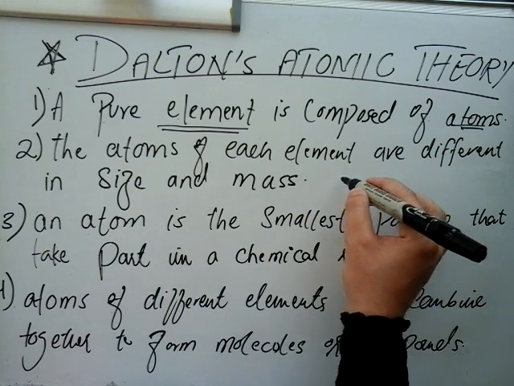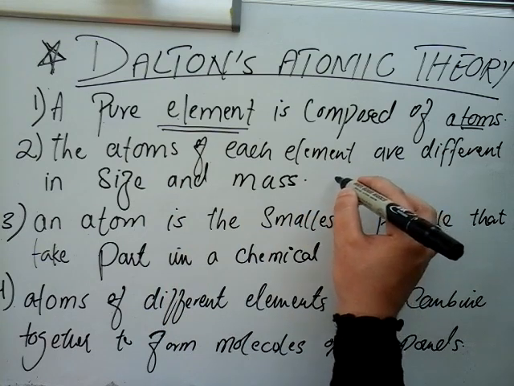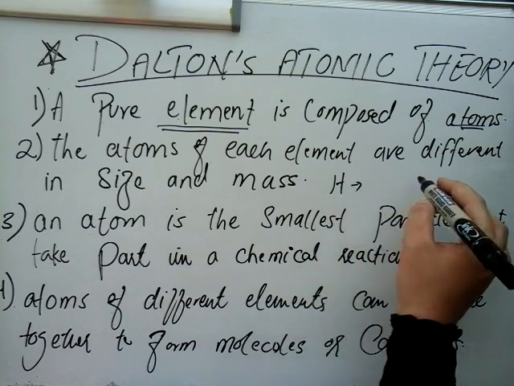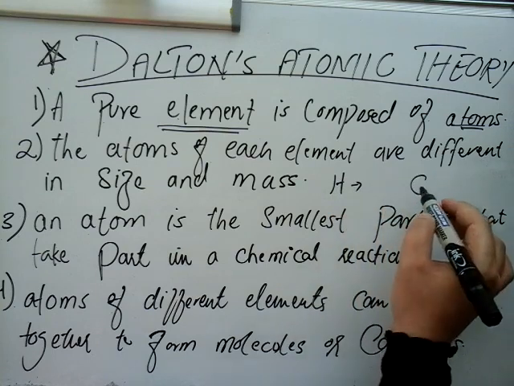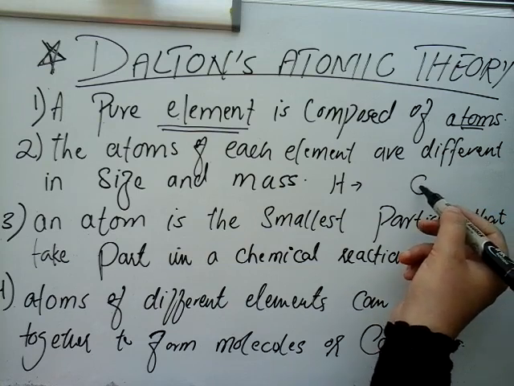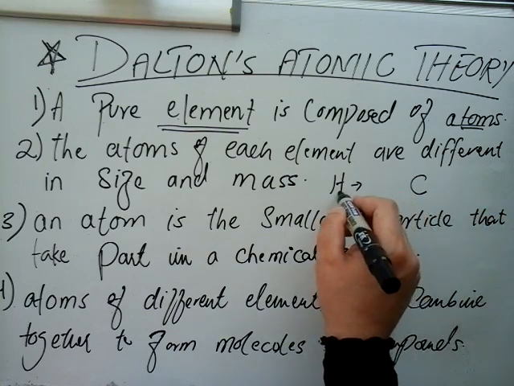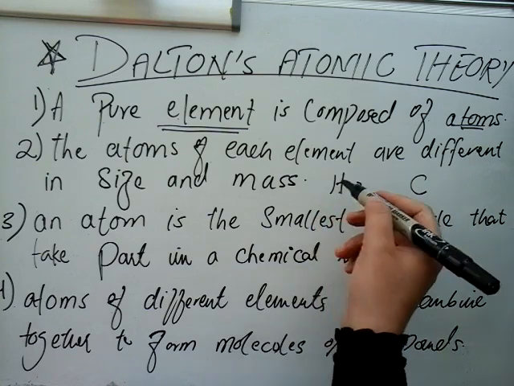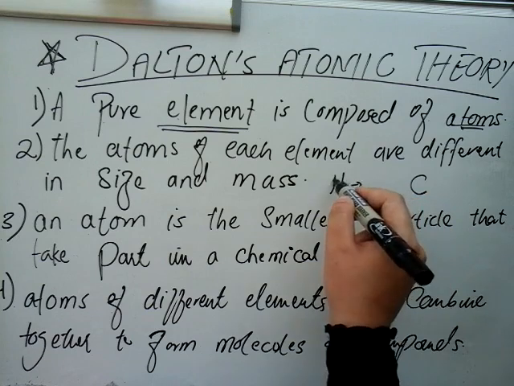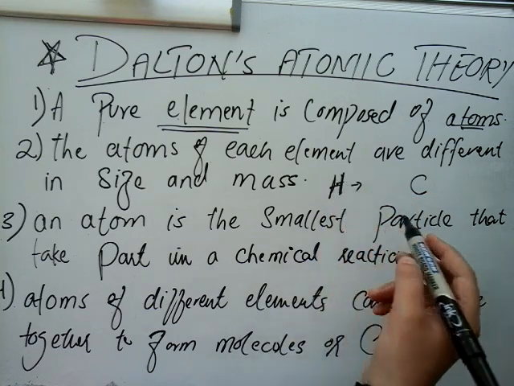For example, the atoms of the hydrogen element, if we compare this with the carbon, atoms of the carbon element are heavier as compared to hydrogen. Okay, hydrogen is the lightest atom. It is the lightest known atom.